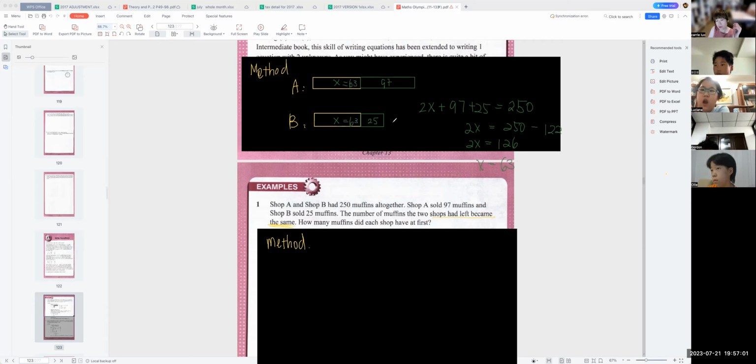No, they want to ask how many muffins did each shop have at the very beginning. So for B, it should be 63 plus 25 equals 88. Am I calculating right? Okay, 63 plus 25... oh, did I calculate wrong? Yeah, sorry, 64.